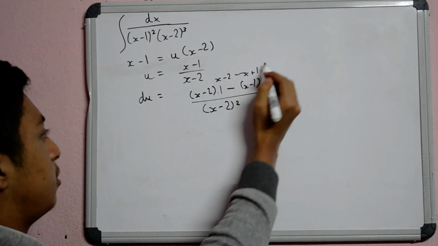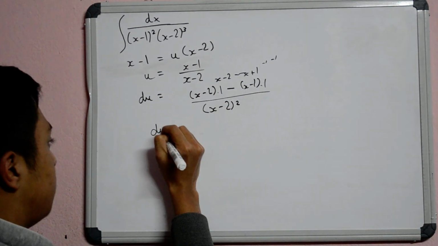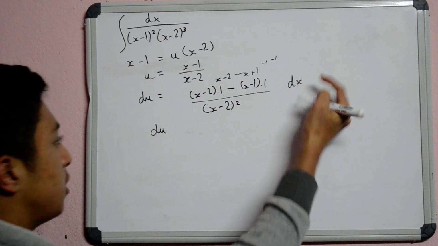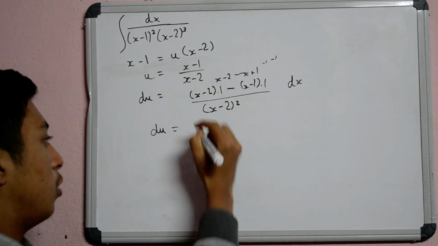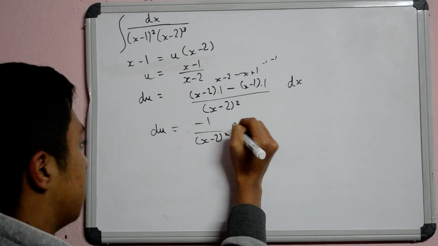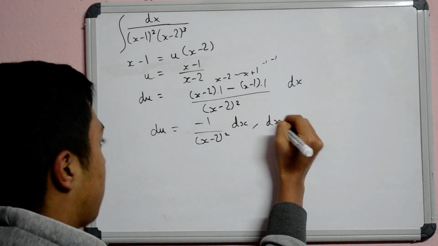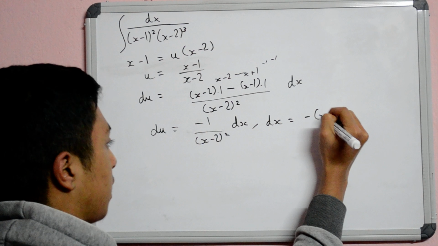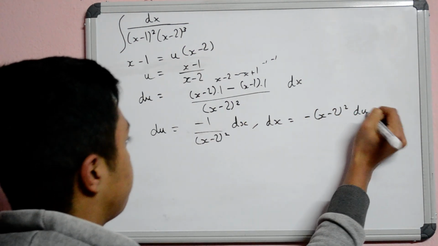The x and x cancel, so we just have minus 1. So here we have dx because we differentiated with respect to x. Overall we get minus 1 by (x minus 2) whole square dx. So simply dx is equal to minus (x minus 2) whole square du.